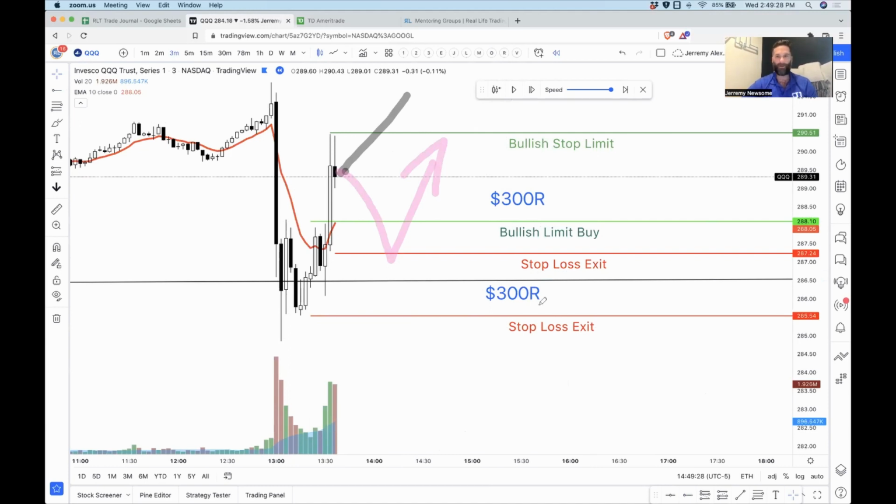All right, $300 risk unit. This is 288.10 by 285.54. Okay, beautiful. Good drill, team. I'm getting an acceptable amount of correct answers to continue forward.